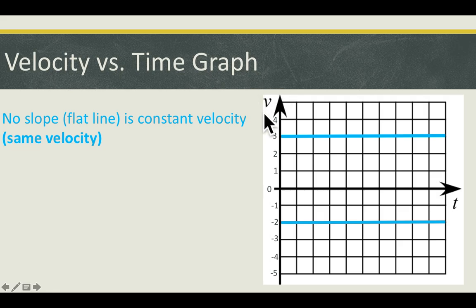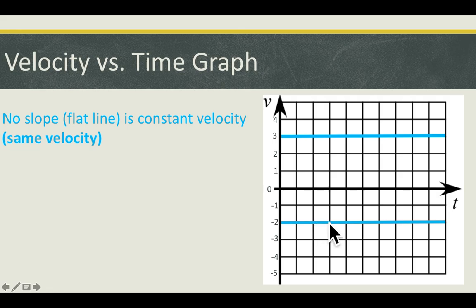Remember that a velocity time graph shows how fast something is moving at a particular time. So for this line across here, as time passes, the object depicted by this blue line is moving at a steady 3 meters per second all the time. This one down here is moving at a steady -2 meters per second.